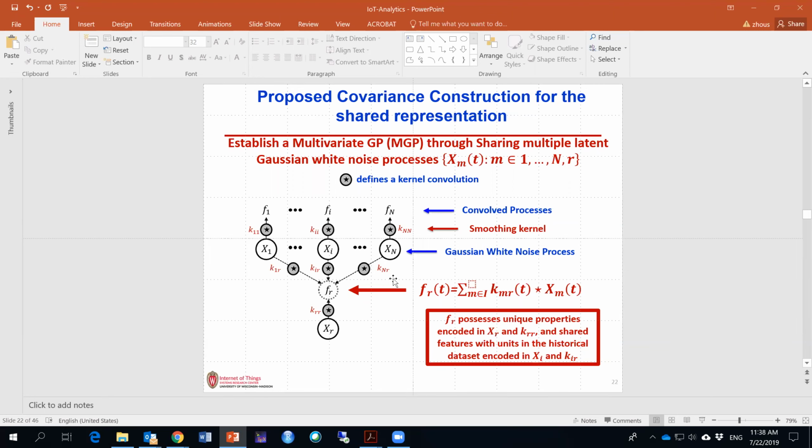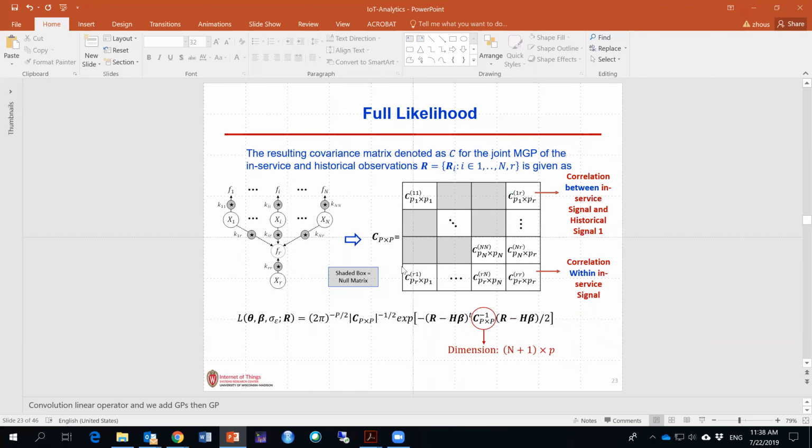In that way, we can learn information from this historical degradation signal. So in this construction structure, we can achieve that. And we can derive a mapping between the covariance function of this multivariate Gaussian process and the kernel function. So we have K11 to KNN plus K1R to KNR plus KR.